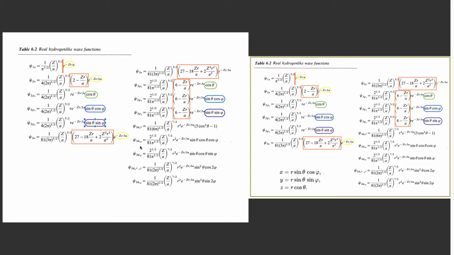So you're actually going to have, for 3dxz, 2 different nodes. That's going to lie in the xz plane, right? But it's going to have nodes at the xy plane and the yz plane. The 3dyz is going to have nodes in the xy plane and the xz plane. And the 3dxy is going to have nodes in the xz plane and the yz plane.